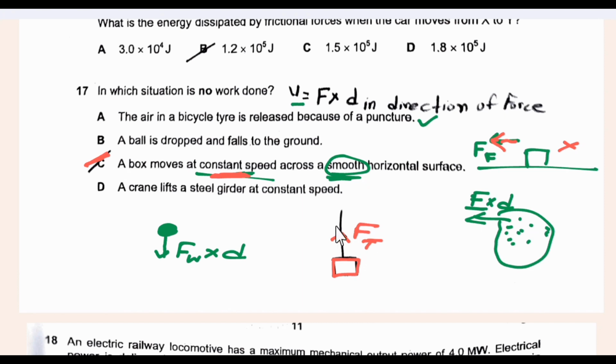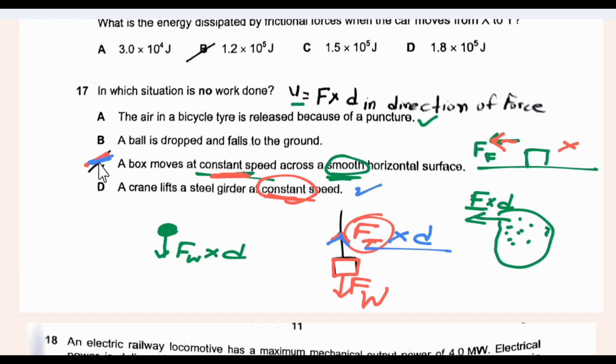As the force acts on the girder, it moves upward, and as it moves at a constant speed, that means the force due to the crane is equal to the weight of the girder. Since these two forces are equal, it moves at a constant speed. Though it is moving at a constant speed, there are forces acting, and as force is acting, some distance is also covered, so here also work is done.